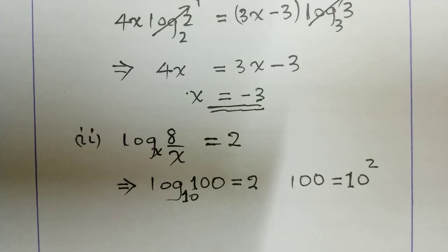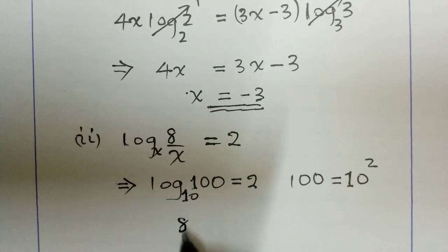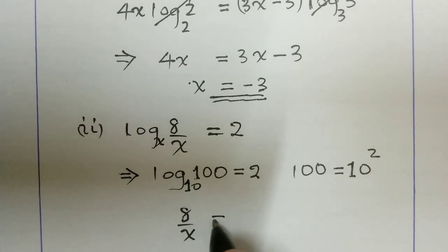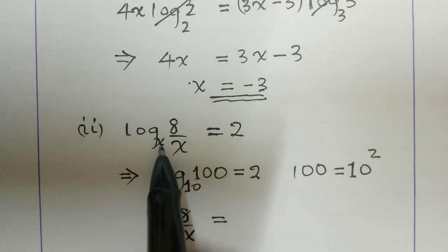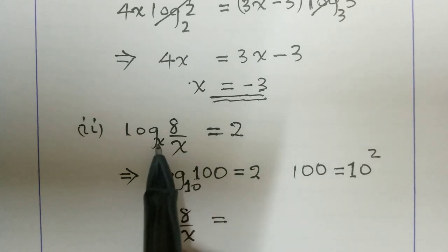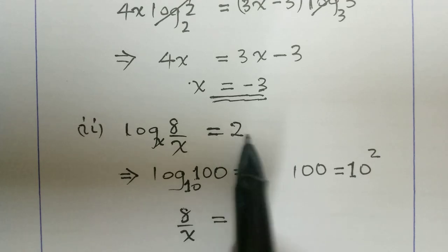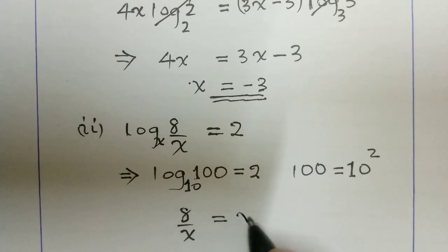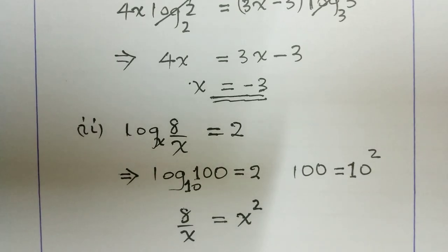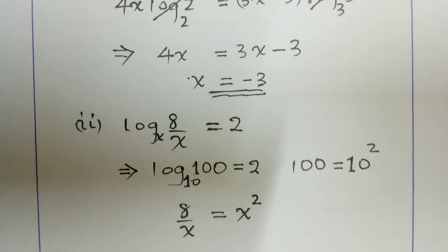We leave 8 all over x on that side. This is equal to, now we promote our x, so that x comes to this side, at the position of 2, x, and then 2 is promoted to a higher position, which is the power. And so our question now looks like that.